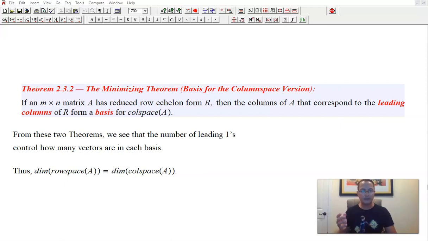So if we believe these two theorems, then the basis for the row space and the basis for the column space have exactly the same number of vectors, and that is how many leading ones you see in your REF. So the dimension of the row space and the column space are exactly the same, and in fact, it's the number of leading ones in your REF.